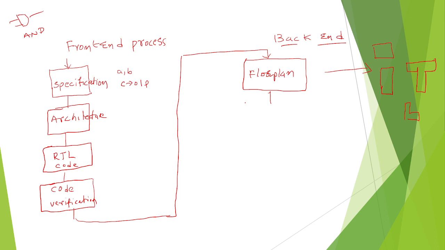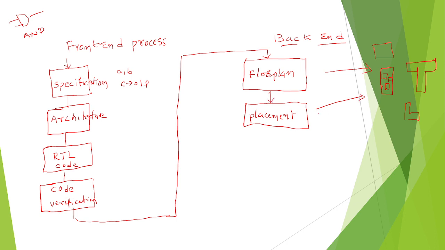Then they are going for placement. We need to place the components properly. Then only the speed will be increased or power consumption will be decreased, depending on our requirement. If it is a mobile, where you keep the RAM, where you keep the ROM, where you keep the ALU, like this, the placement will reduce the power consumption.